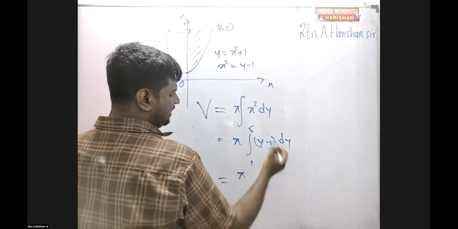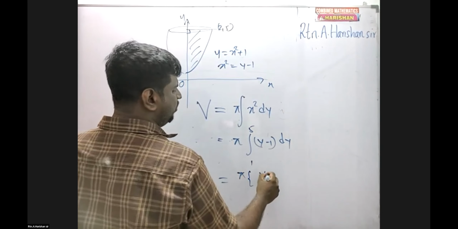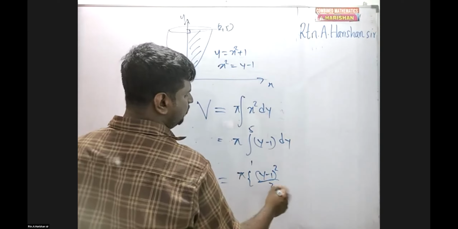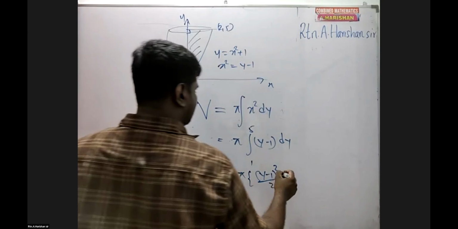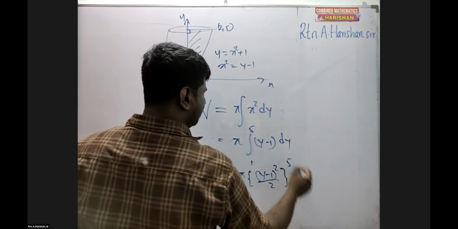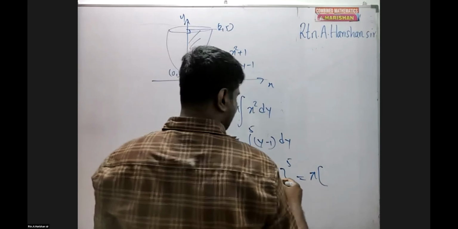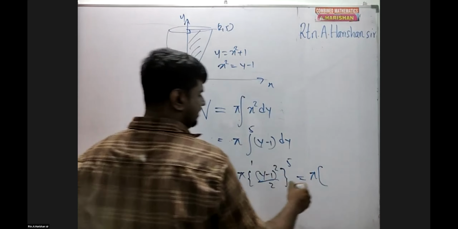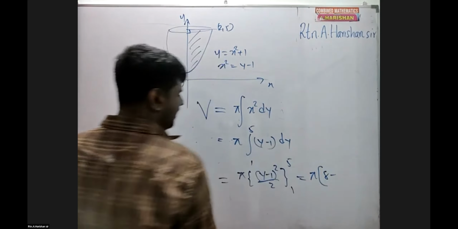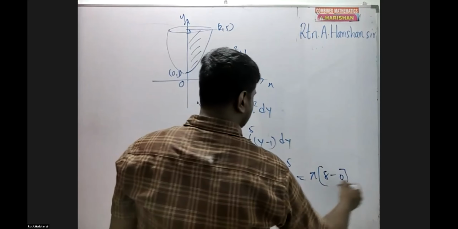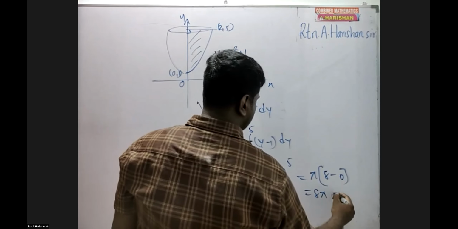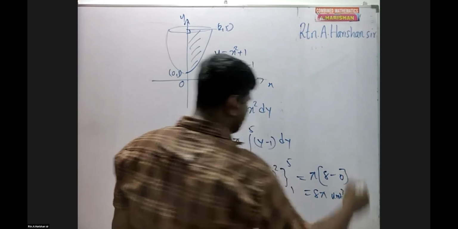Whatever you want, you can do. I go for y minus 1 whole thing squared by 2, that's easy for me, with limits 1 to 5. If you put 5 for y, 4 squared is 16, over 2 is 8. Minus, if you put 1, 0. So the answer is 8 pi cubic units.